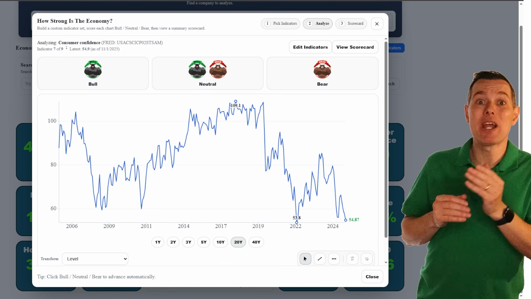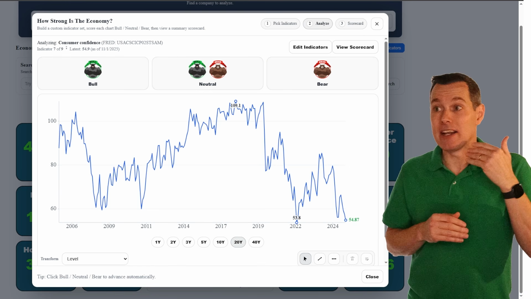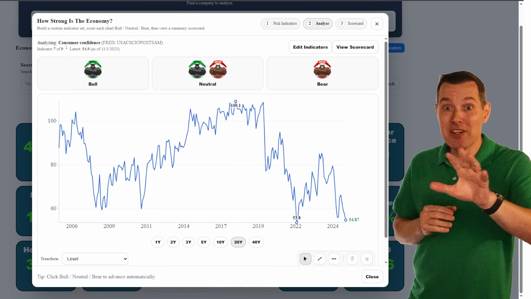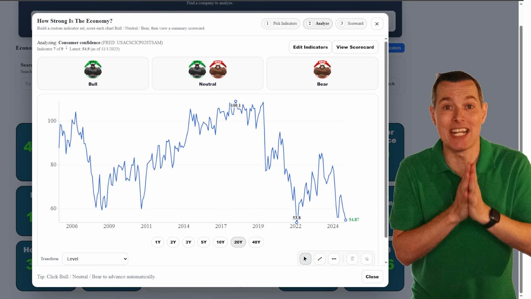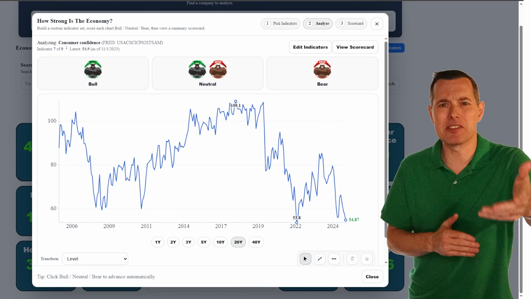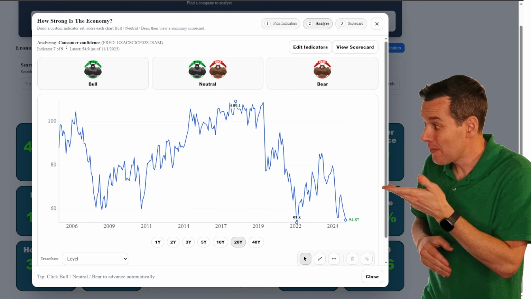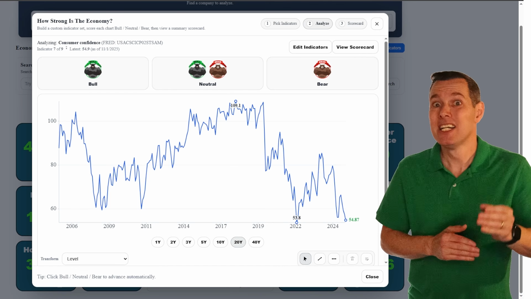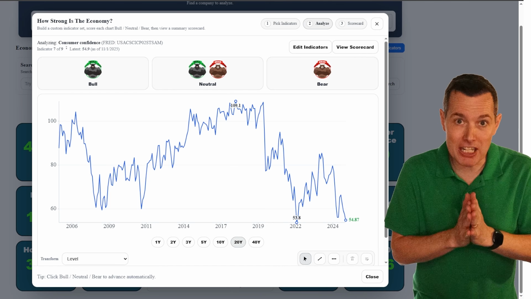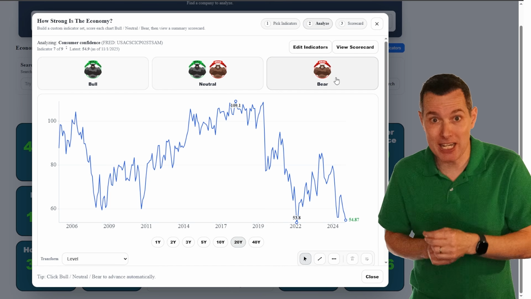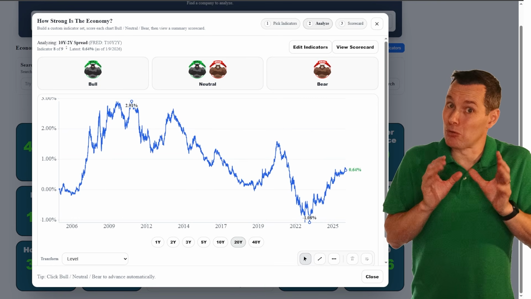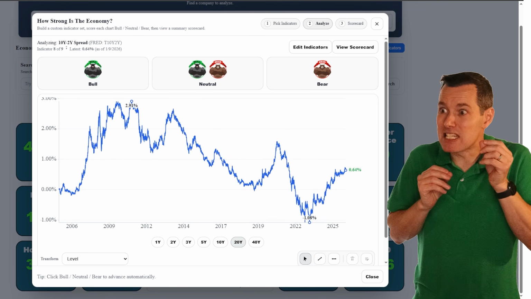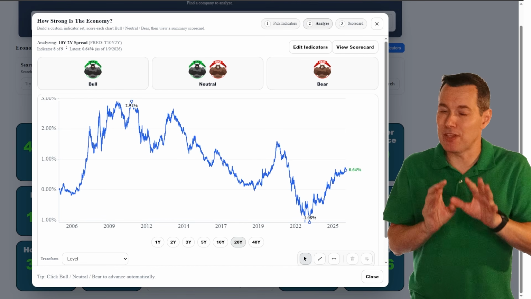I mean, right now, we are at one of the lowest levels that we've been at in the past 20 years. This is below where we were after the financial crisis, the recession of 2008, 2009, that whole time period. This is lower than it is right now. So this is very obviously a point for the bears, but it's also a real bad thing to consider. Like, the consumer being this shaken, I think, is a real problem.